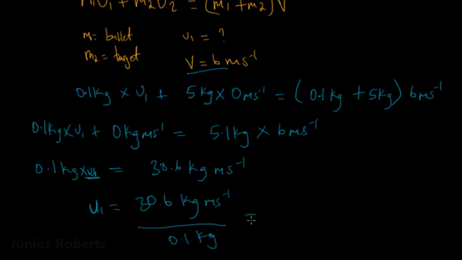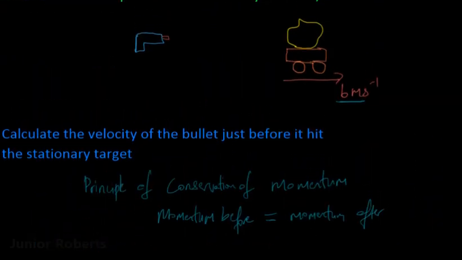When we plug this into our calculator, we get 306 meters per second, and this is our final answer. So the velocity of the bullet just before it hit the target was 306 meters per second.